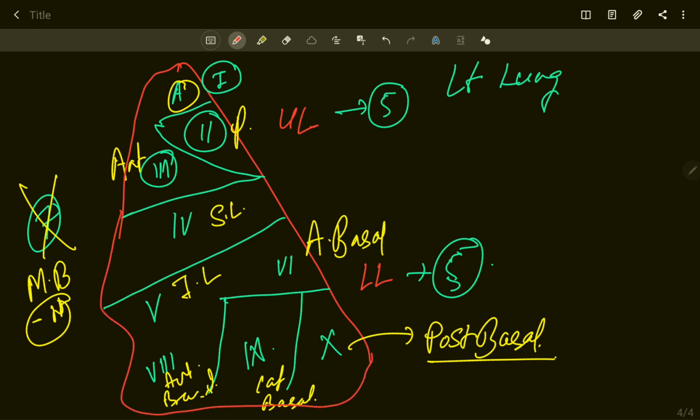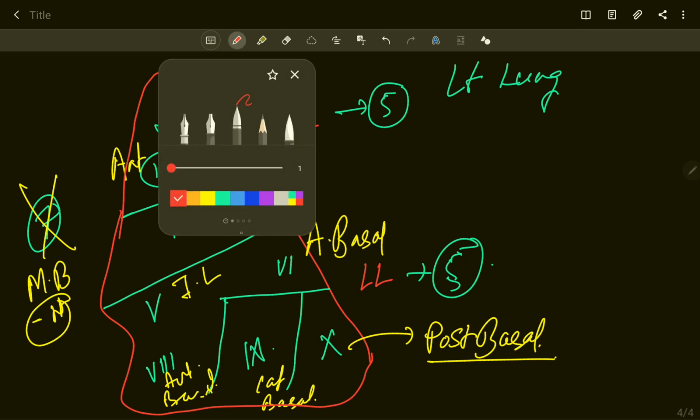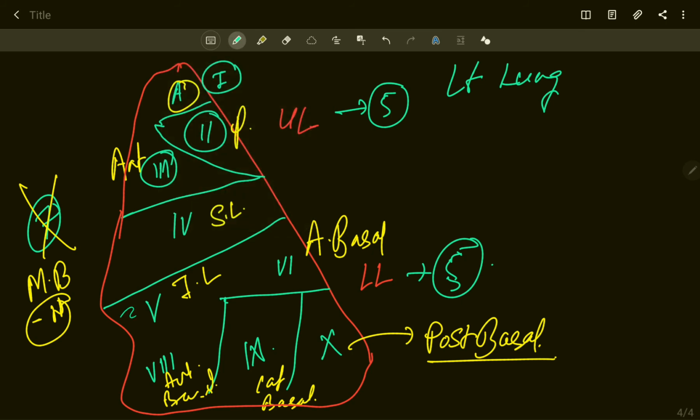The medial basal is not seen here due to the cardiac notch and the accommodation of your heart.